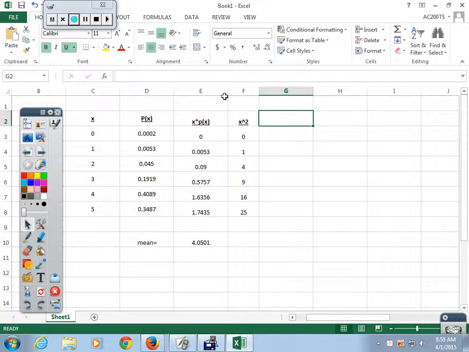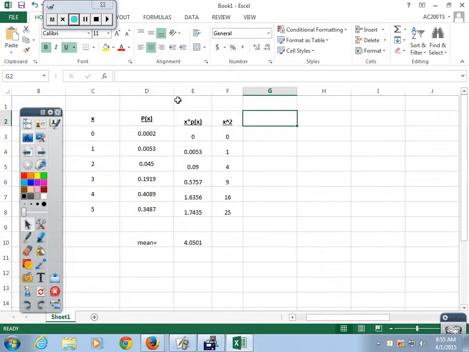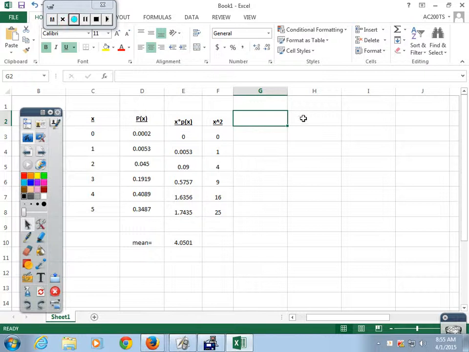And then the last column is x squared times p of x. Make sure you pick the right column if you're using your calculator, because your eyes might pick up the wrong number out of another column. So make sure you do x squared times p of x.